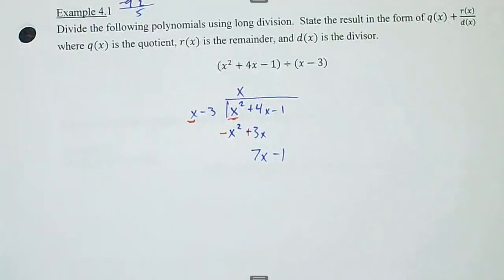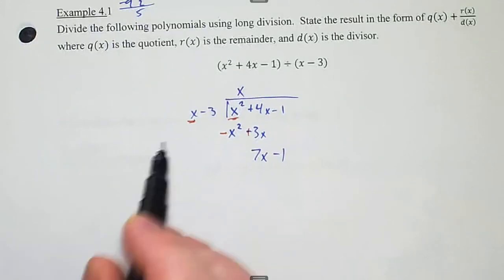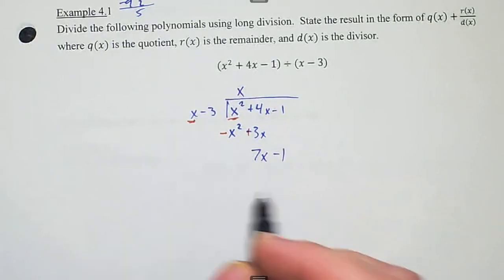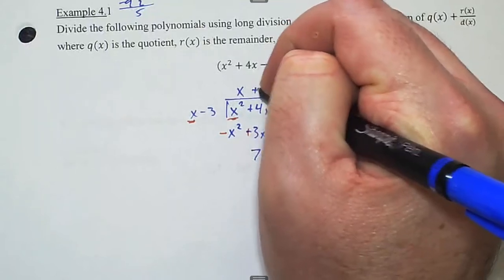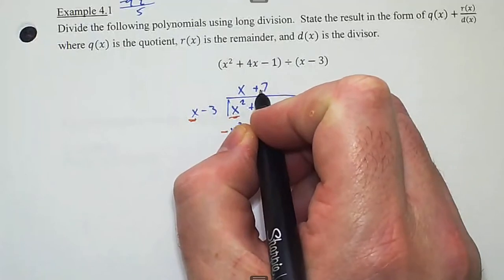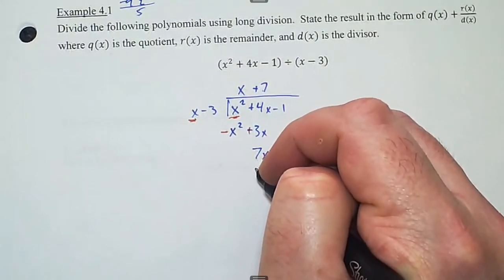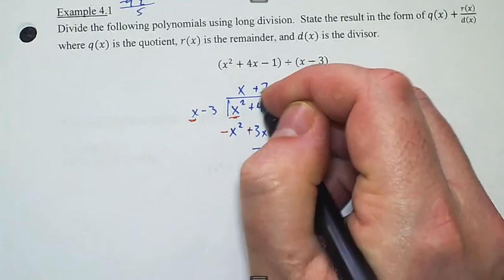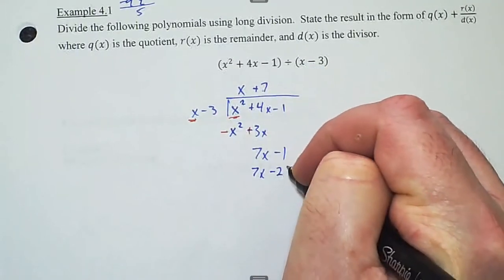All right? We keep going until we can no longer divide by that. So I can divide 7x by x. 7x divided by x is 7. Now I multiply. Just the 7. 7 times x minus 3 is 7x minus 21.